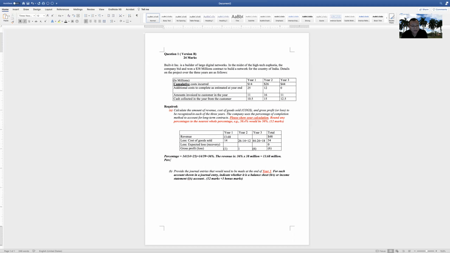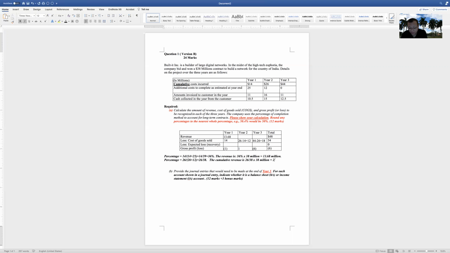So percentage for year 2, this is 26 divided by 26 plus 12. Okay, so this is 26 divided by 38. And the cumulative revenue is 26 divided by 38 times 38 million.